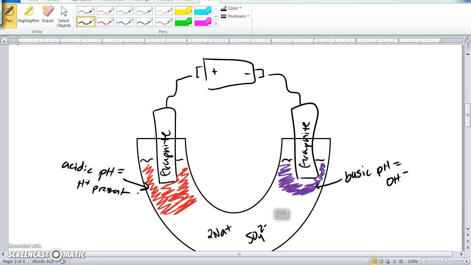So I know around this electrode I have to have H pluses made, which I'm going to draw down here. And I know around this electrode I have to have OH minuses made. The other observation we saw is bubbles. So we saw bubbles at this electrode, and we saw bubbles at this electrode.